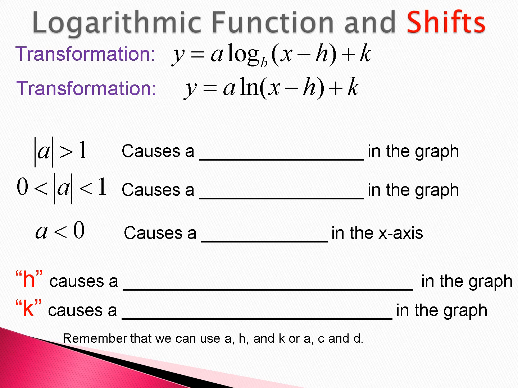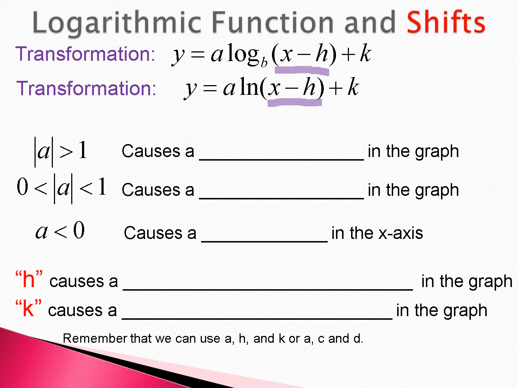One thing I want to point out, and you need to be really careful when you're writing these equations, because you'll have some where you have to write the equation. Notice here that if it's a left or right shift, you're going to put it in parentheses. That is super important. If you go left 7, you wouldn't say log base b of x minus 7, you would say log base b in parentheses of x minus 7.